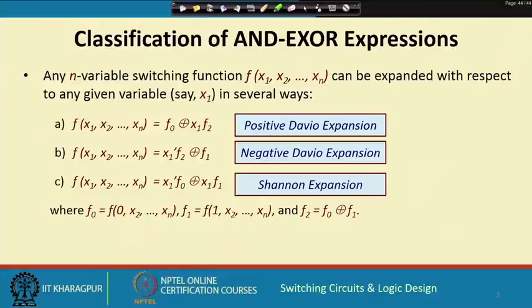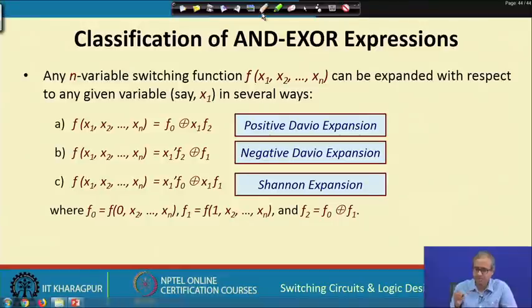Now, because our subject of discussion in this lecture is AND-EXOR implementations, let us look at 3 alternate ways of expansion. Well, we already talked about Shannon's expansion earlier. Let us look at it like in this way. Consider that we have an n variable function f with variables x 1 to x n.